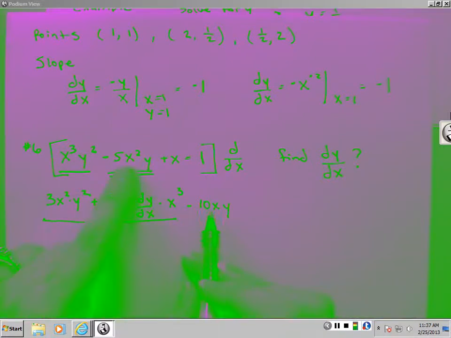So I took the derivative of the first, held the second one, plus, but it's going to be minus 5x squared. That's the first function. What's the derivative of y? dy dx. So the dy dx goes here. So these two terms come from the second term.